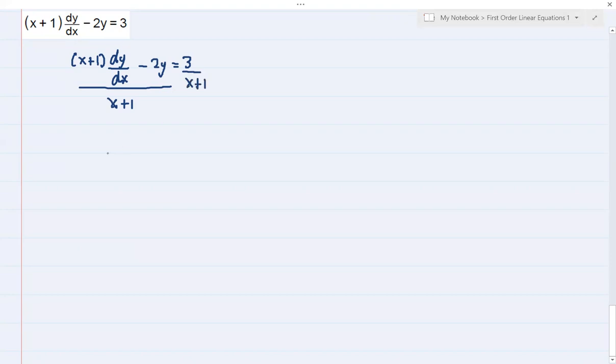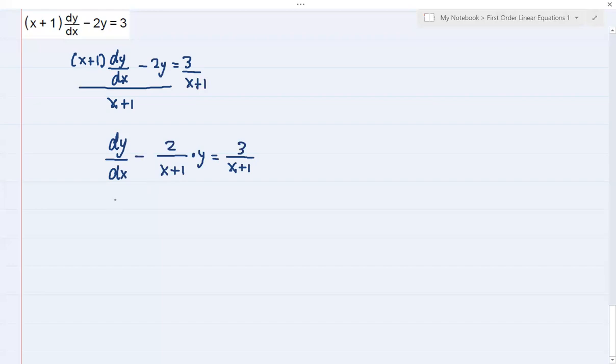So what I will have here is dy all over dx minus 2 all over x plus 1 times y is equal to 3 all over x plus 1. That's it. Now, this is already your standard form.